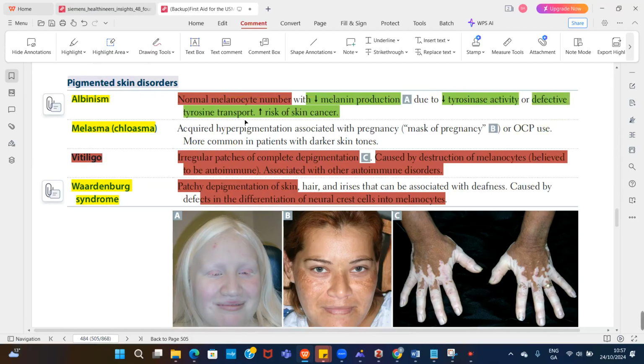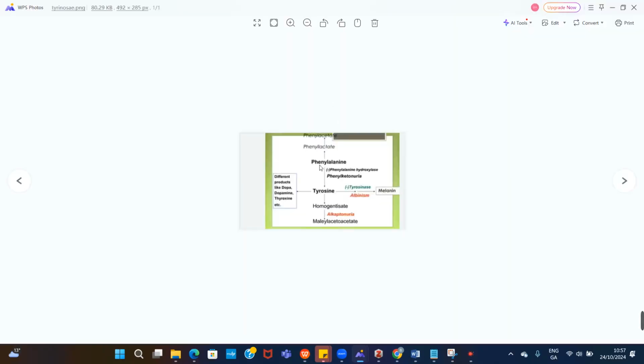Okay. So I want to show us the pathway, just so that we are familiar with what I'm talking about. We have not done biochemistry, I understand, but phenylalanine goes to tyrosine, and tyrosinase is the enzyme that converts tyrosine to melanin. So if you have a problem with tyrosinase, or a problem with delivery of tyrosine, melanin is not going to be produced, and the person is going to experience albinism.